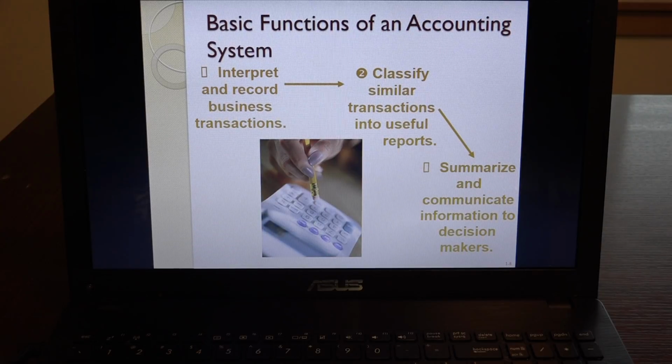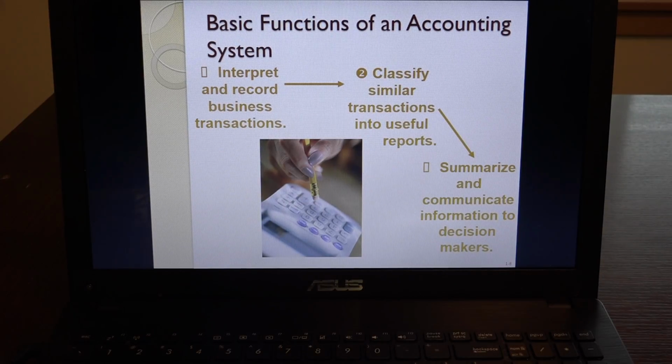Not every business event is a business transaction that must be recorded. But first thing you have to do is accumulate this information in a central place, the accounting system, and then you interpret and record the business transactions. We'll talk about how you do that.